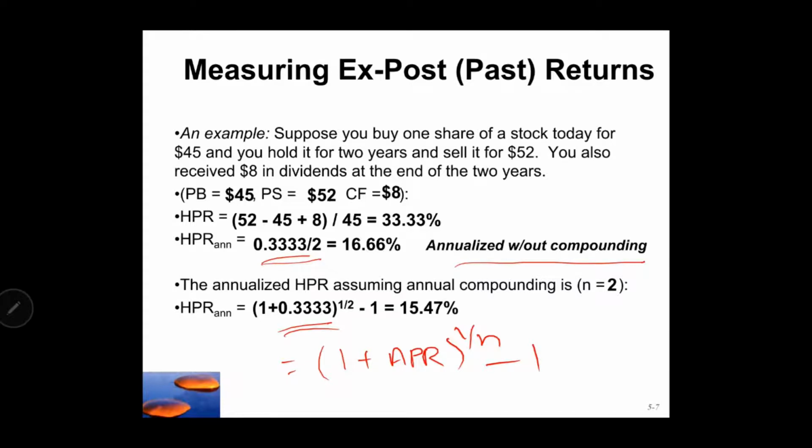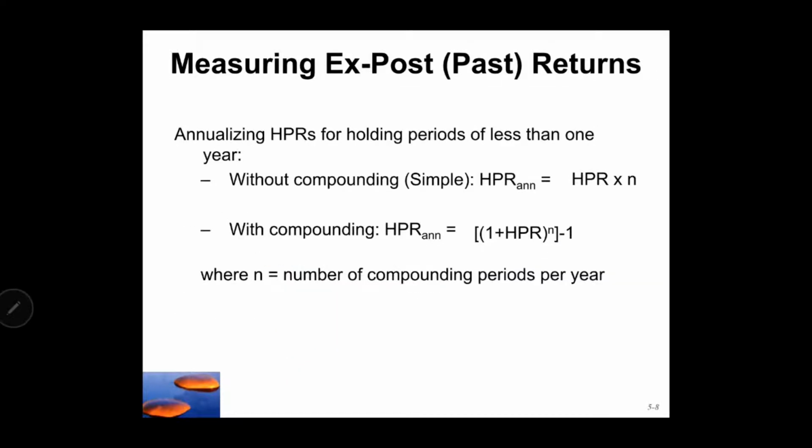Okay, now let's go to the next. Annualized HPRs for holding periods of less than 1 year. The previous case we have done for more than 1 year, because we have invested and waited until 2 years. Okay, the previous problem.